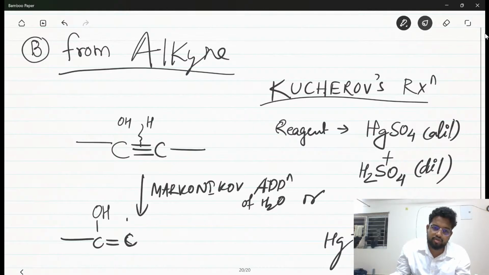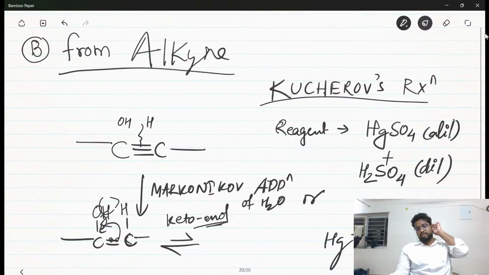So OH will go to the carbon having fewer hydrogens. Now here I have to do keto-enol tautomerism. Enol form will convert to ketone form. How, sir? This will go here, this bond will go here, and this hydrogen will leave and come back here.